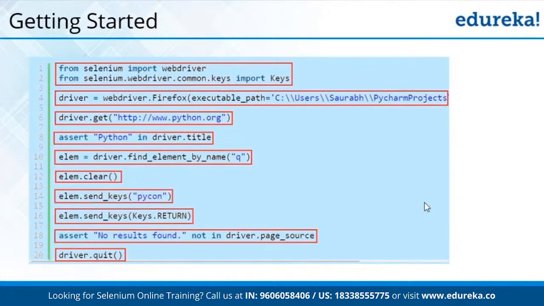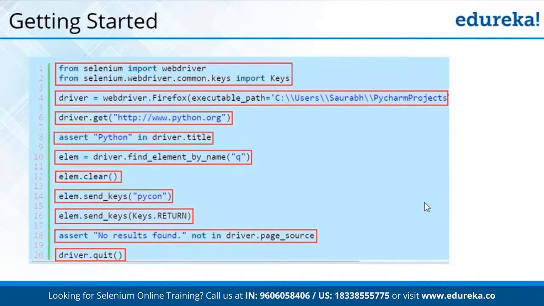elem.clear. So basically what we are doing is we are defining a name for this particular element. This element means any element we are talking about; we are first trying to give a name to it, and then we are saying clear the field, and then we ask it to type in the field. So it's a text box which we are defining, saying first look at this text box.